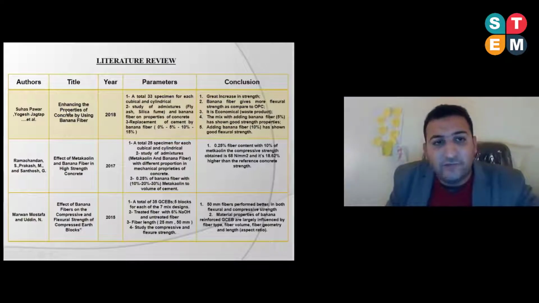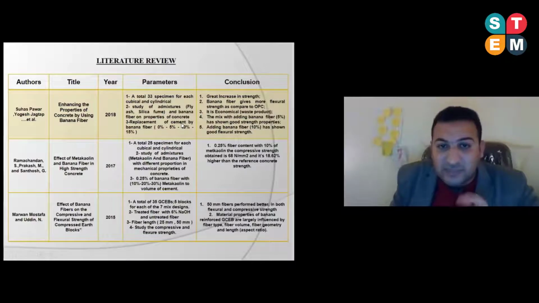Every author of this research used the banana fiber in different parameters to know its performance in the building material. The first one used 33 specimens for each cubical and cylindrical, and studied the admixture of fly ash and silica fume and the banana fiber and the properties of the concrete.